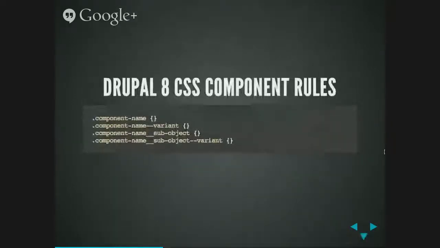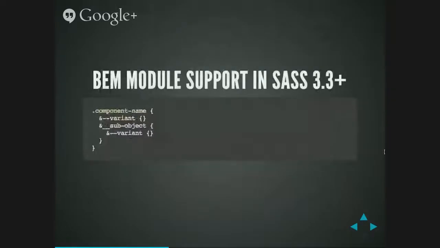I want to make sure I say that, I remember saying it, but you don't want to actually try to model the hierarchy of the component, like the HTML hierarchy, with these components. You want to keep it to this two-tier kind of level, or one tier. I think I say that later, but just to make sure I say that. So one cool thing if you're using Sass, since 3.3 and up, you can actually use the parent selector to do that hierarchy.